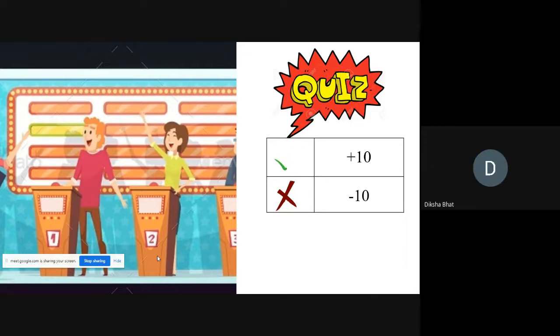Yes, very good. Suppose participant give two correct answers. What will be his score? Positive 20. Yes, correct.